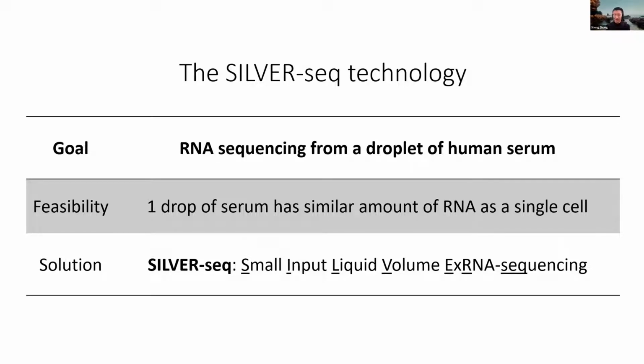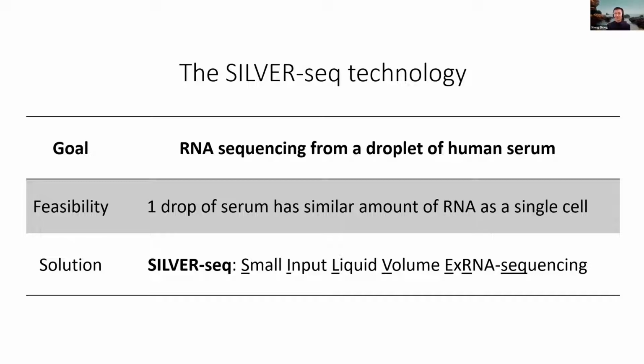But still, around the year 2015, it was already 6 years after the first publication of single-cell RNA sequencing. So at that time, single-cell RNA sequencing was already becoming a reliable technology. We knew that we can reliably sequence RNA from a single cell.